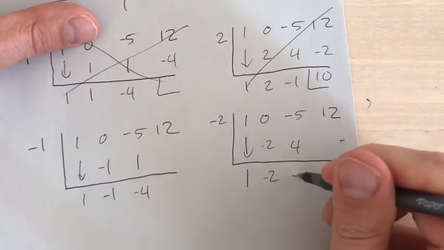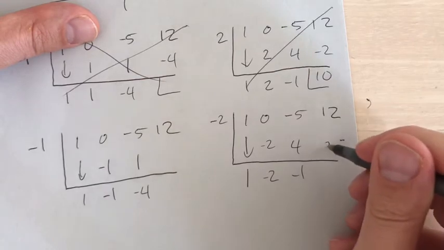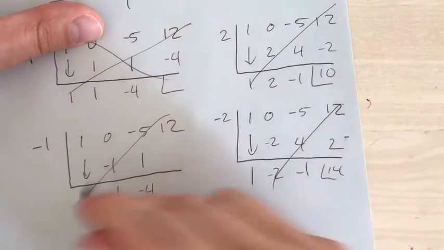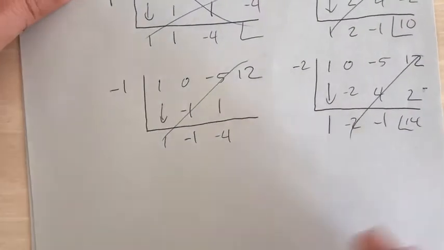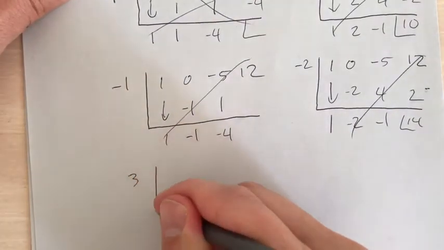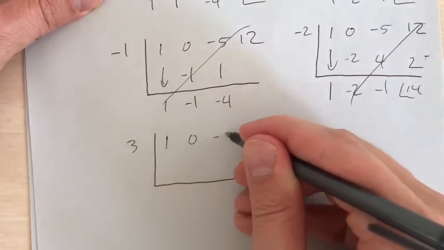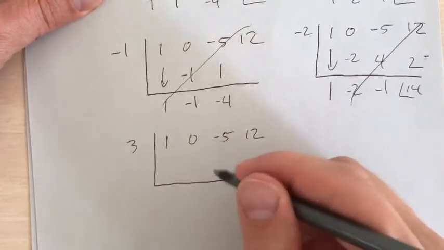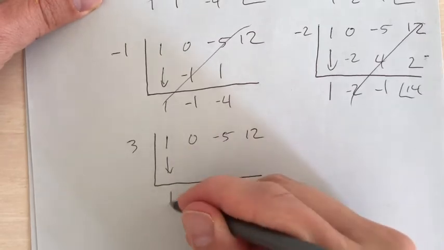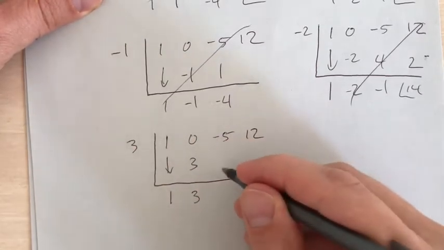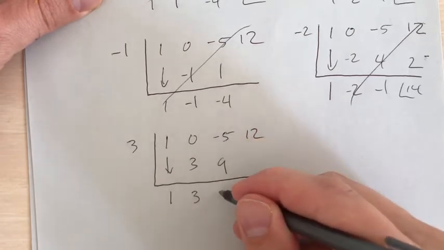This would be negative 1, this would be 2, so again, that doesn't work either, because that's 14. So none of these have worked so far. Let's try 3. Sometimes this does take a while. This part is why synthetic division makes this at least bearable. If you did this with long division, this could take all morning, to be honest.